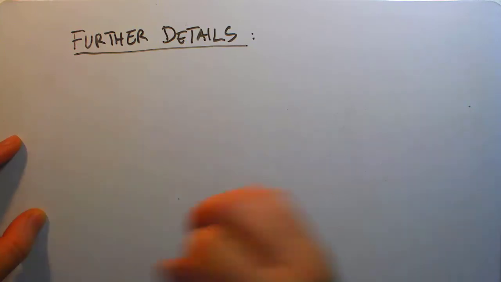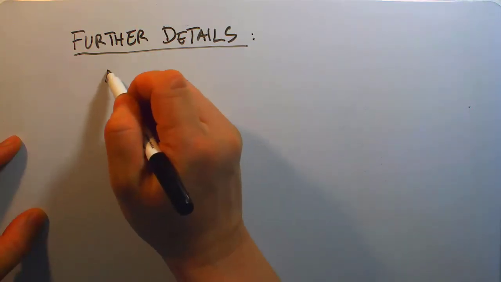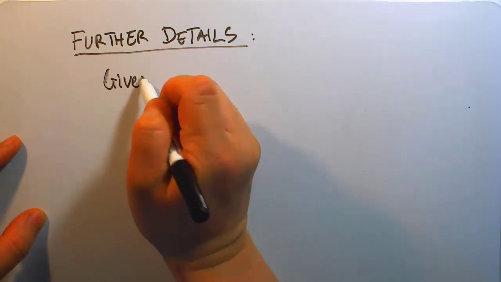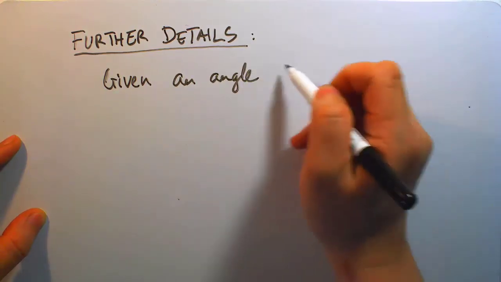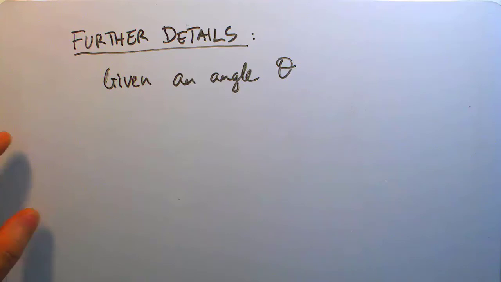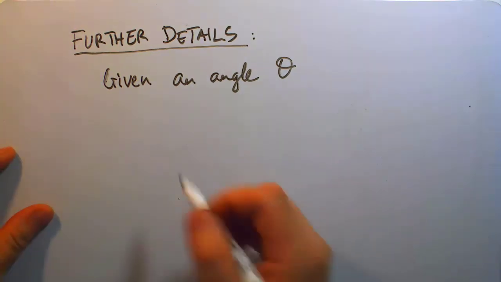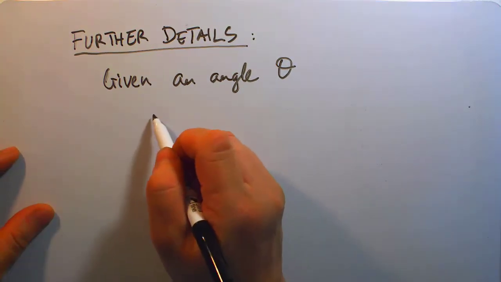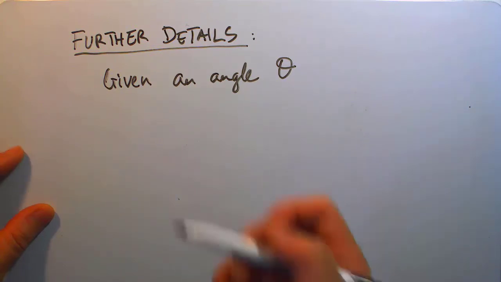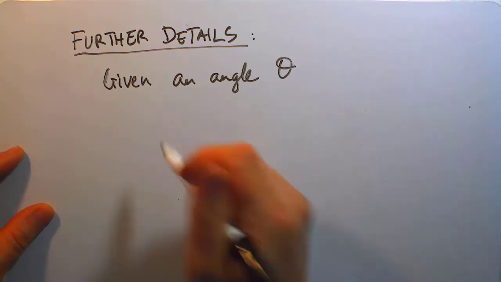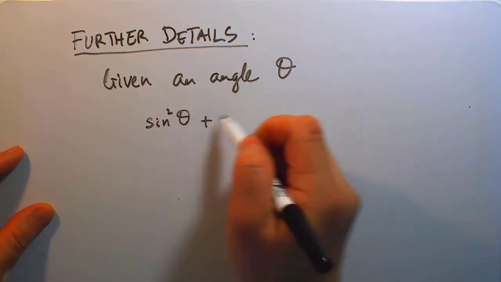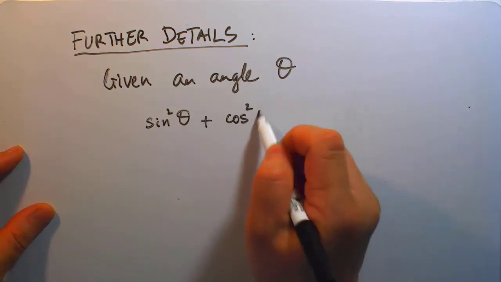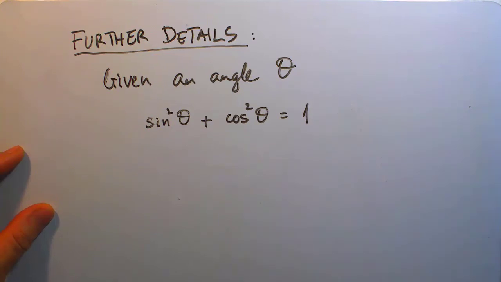Let's say given an angle theta anywhere on a unit circle, we already learned throughout the beginning lessons that sine squared of theta plus cosine squared of theta equals 1.